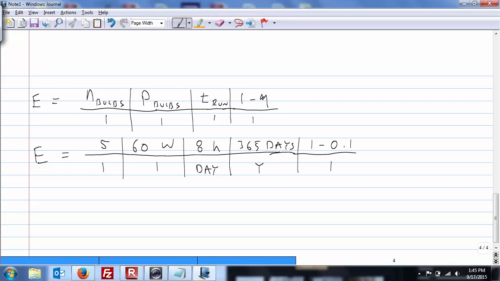Now, from here, oh, and there's one more thing I'm going to have to do. I've got this in watt hours per year. So the next thing I'm going to do is multiply. I know I need kilowatt hours.